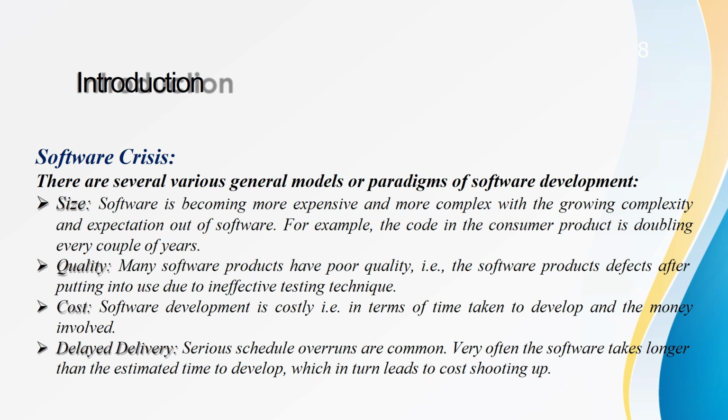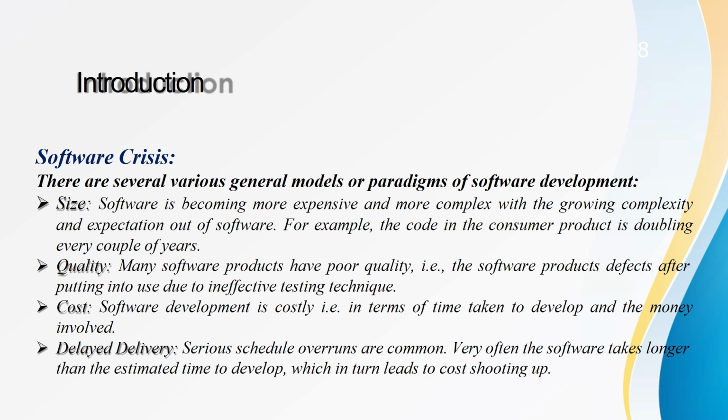For example, every year the consumer product code size doubles. The next one is quality. Quality means many software products have poor quality. If a technical writer delivers poor quality software, it means they are ineffective in testing techniques. So that is one of the crises.